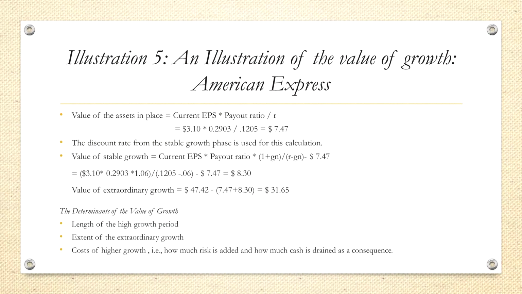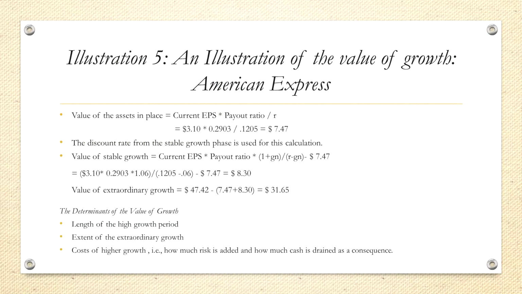And this illustration shows you how to calculate the value of the growth. And I think the growth rate is a very important variable in your calculation, and actually is very sensitive to your stock price valuation. And this illustration showed you that the growth of the company does add a tremendous amount of value to the corporation.